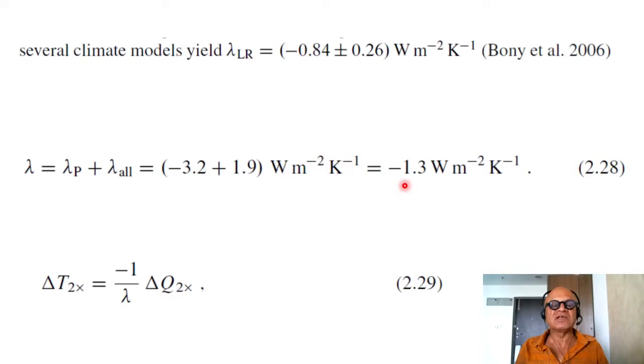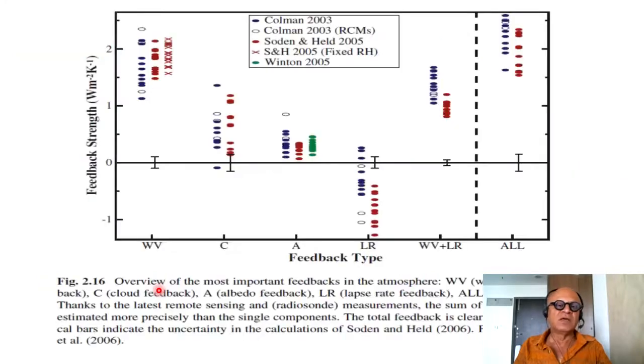We have to now translate this to equilibrium climate sensitivity, which is defined as the temperature change for doubling the CO2, which we represented as delta T2x. So that is minus 1 over lambda, the climate sensitivity we derived here, times delta Q2x, which is the change in radiative forcing resulting from doubling the CO2.